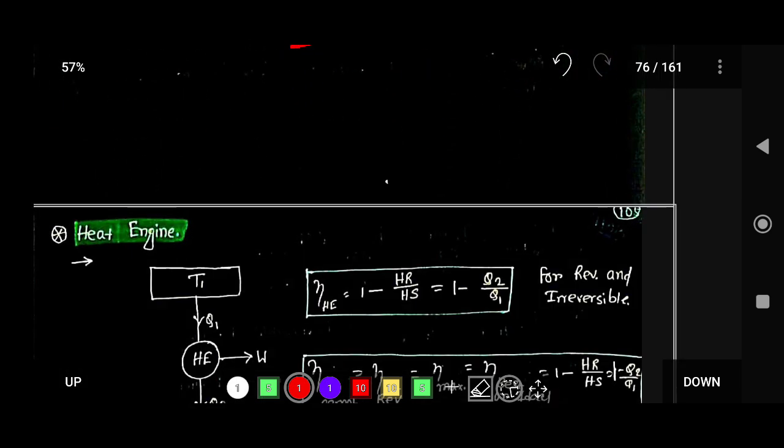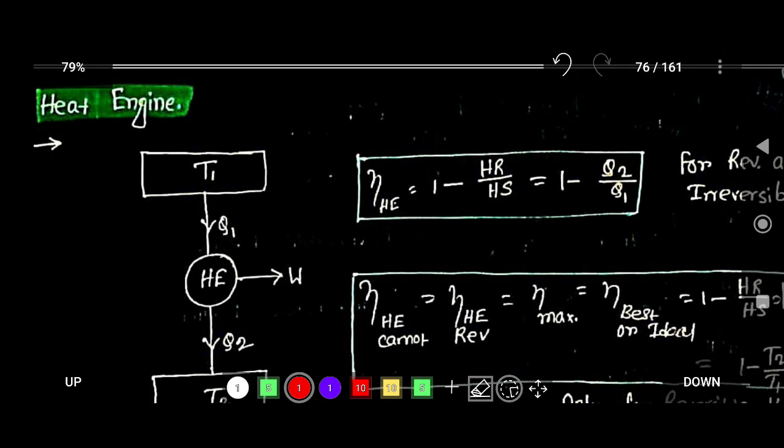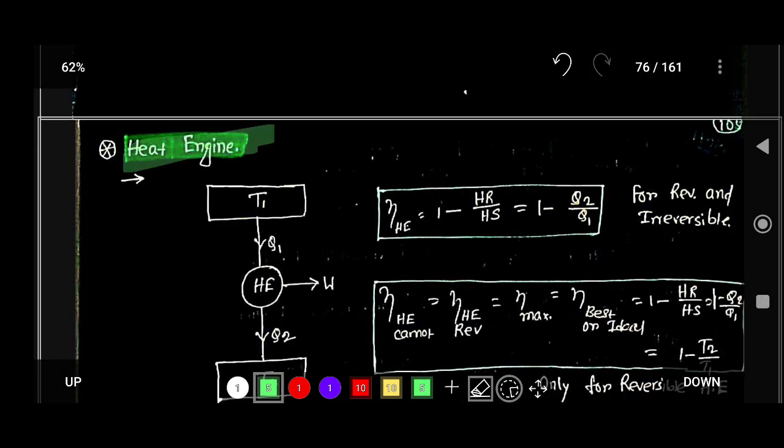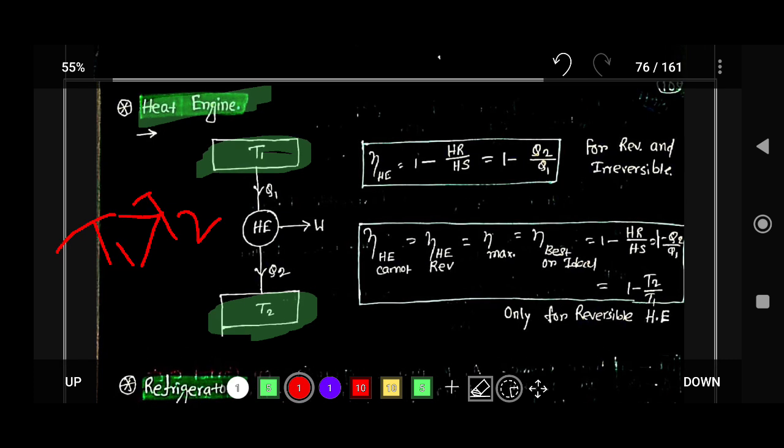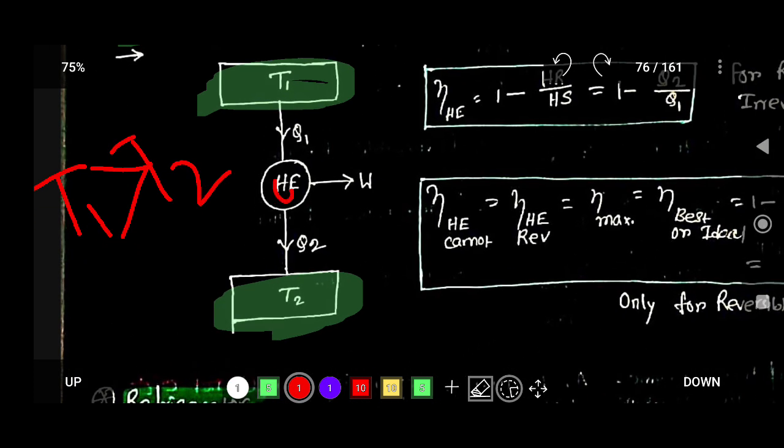Okay, now let's try to understand what a heat engine is. In a heat engine there is a source and a sink, and consider that T1 is greater than T2. The heat engine produces some amount of work, absorbs Q1 amount of heat, and rejects Q2 amount of heat to the sink.